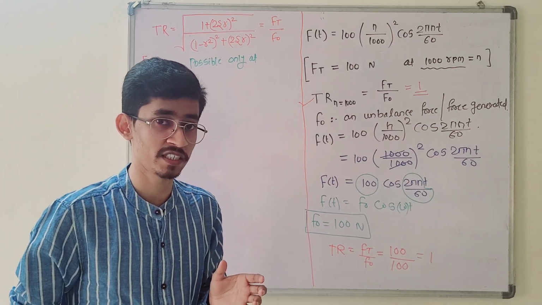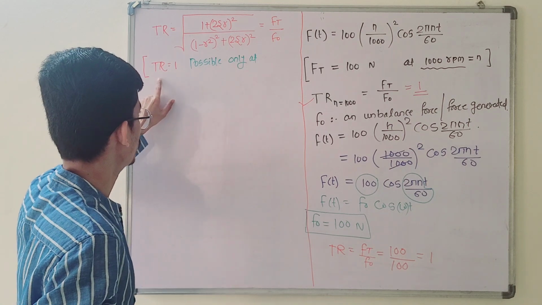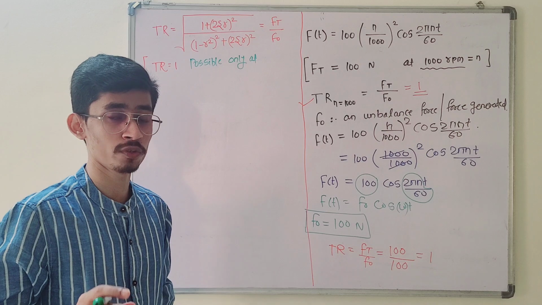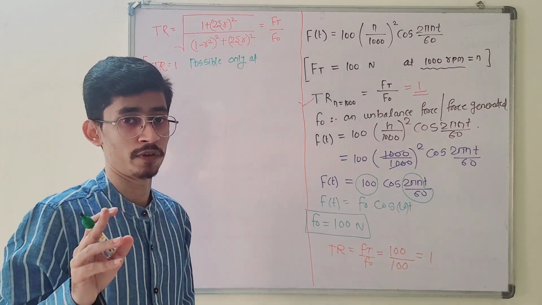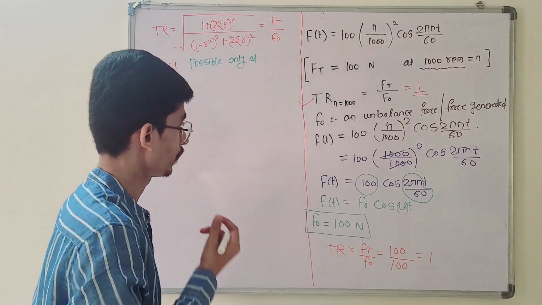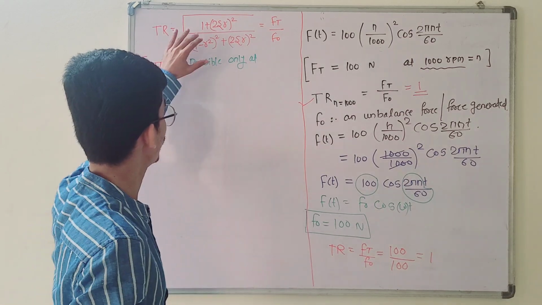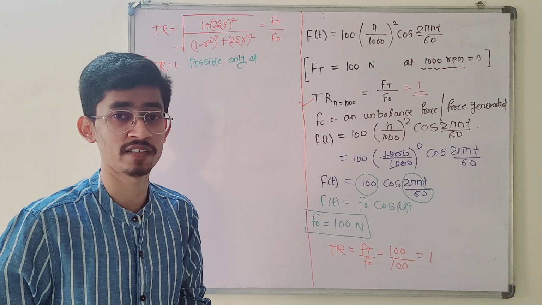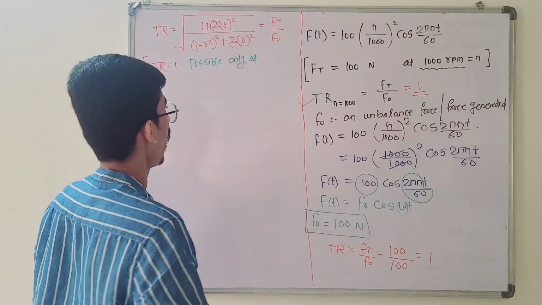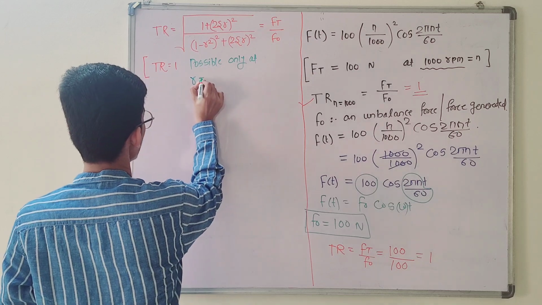So transmissibility equal to 1 is possible only at two conditions. If you know the plot of frequency ratio versus transmissibility, you will get this answer. If you don't know, this is our end result, and from it you can expect the answer. Transmissibility is equal to 1 in only two cases.